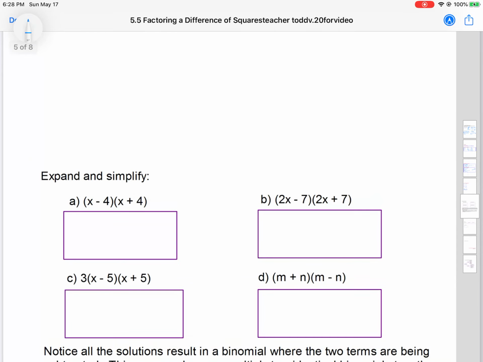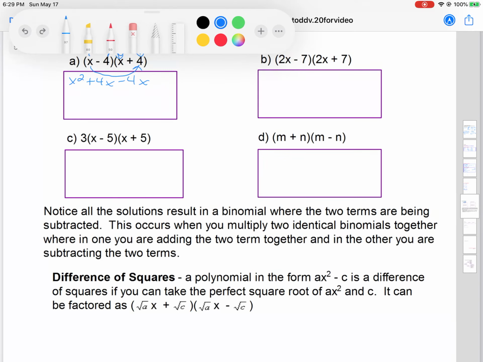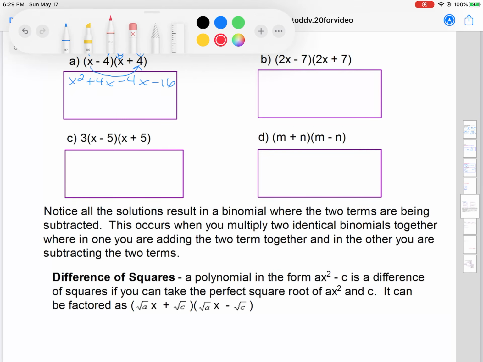All right, let's review expand and simplify first. This is first, outside, inside, last. The first here would be x squared, as always. Then the inside terms are 4x and negative 4x. And then negative 4 times positive 4 makes, oops, I almost wrote positive there, negative 16.